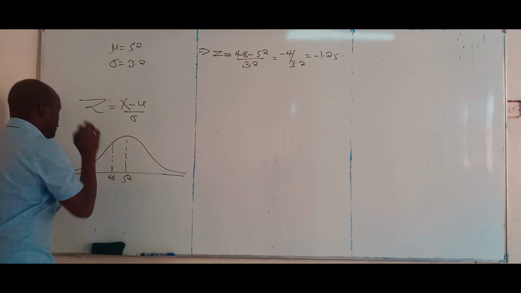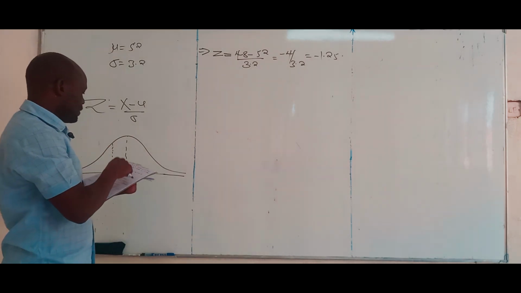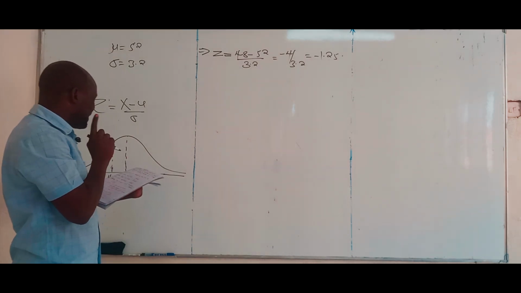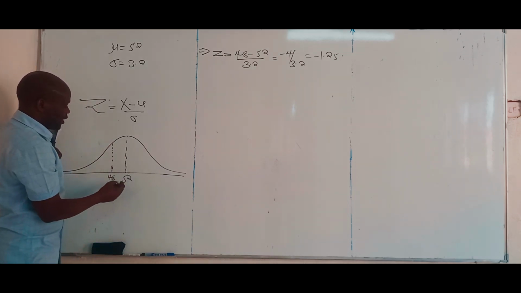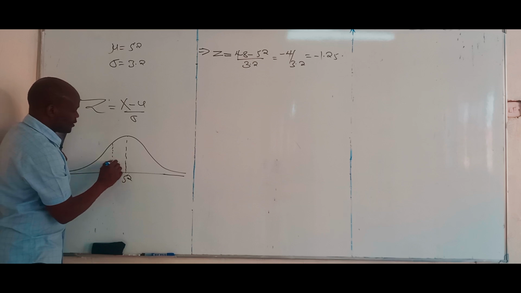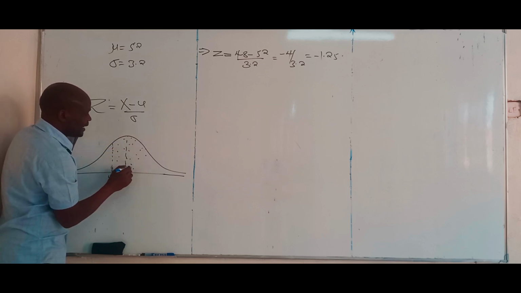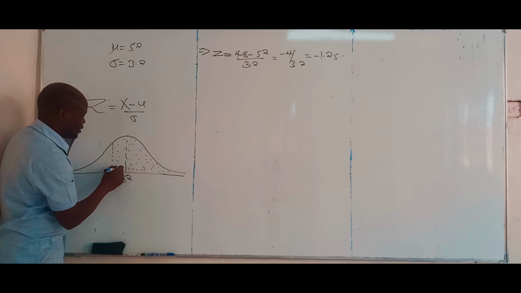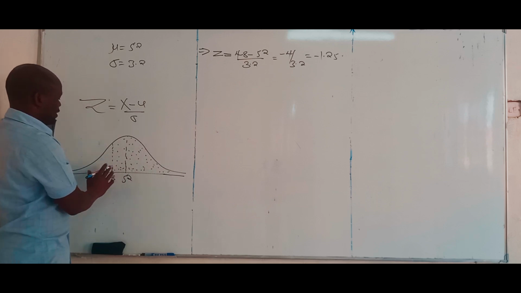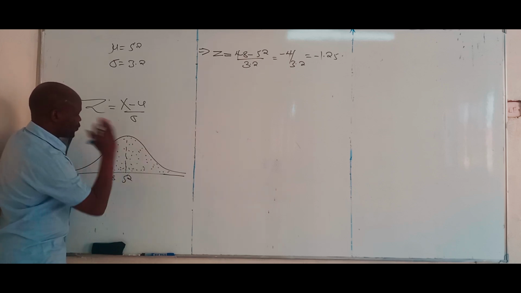So 48. Now, what we are asked is to get the probability that the output of an acre of land is greater than 48. So the area that we want is this particular area, greater than 48, from here to that end.